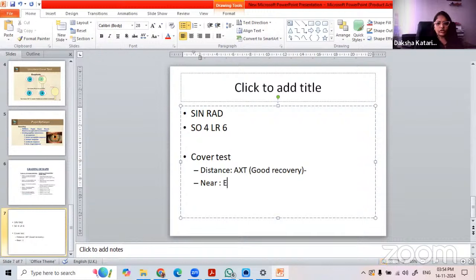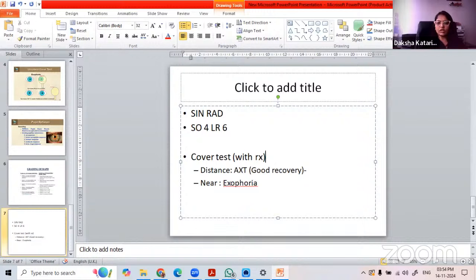You can just write it as exophoria, and in your PBCT you can write whatever it is. Important thing what I forgot here is with RX, or obviously if it is with RX, without RX not needed.